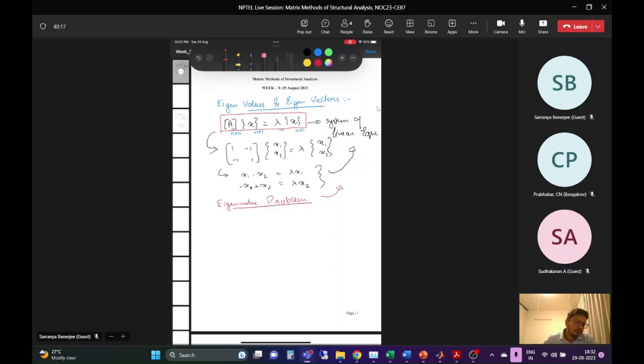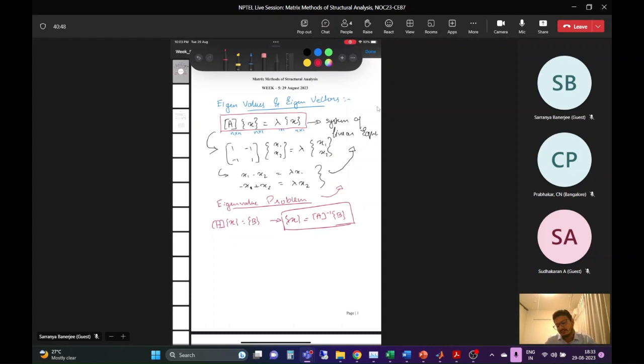Now, when you have a system like Ax equals b, what we basically do is solve for x equals A inverse b. This is what we also did in the stiffness method problem.